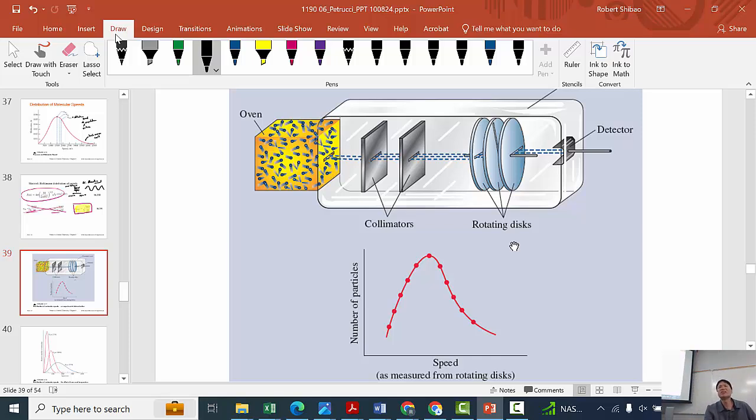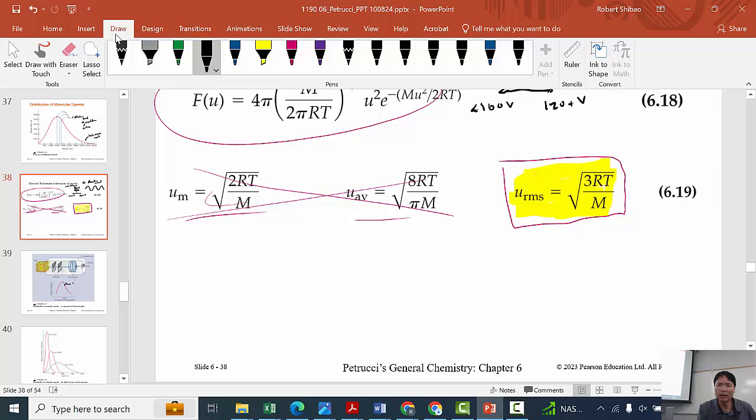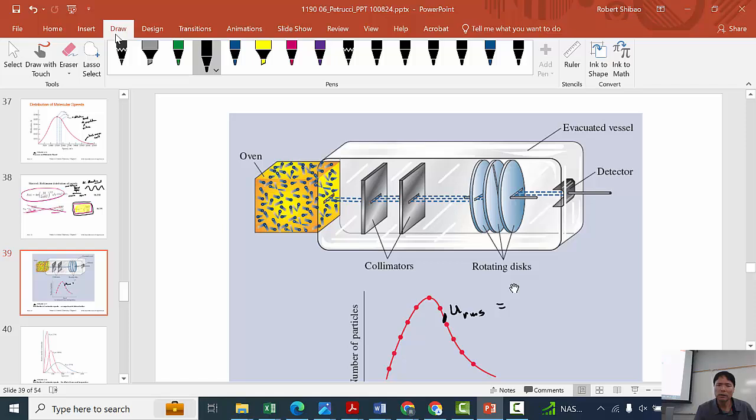Let me try to think of a better analogy for this. But it's over here. This would be the RMS speed. And the RMS speed, we should be able to calculate that because of this equation here, which is the square root of 3RT divided by the molar mass.